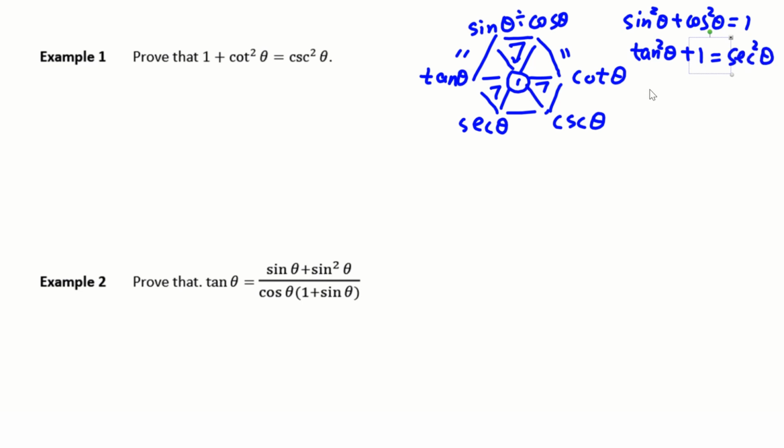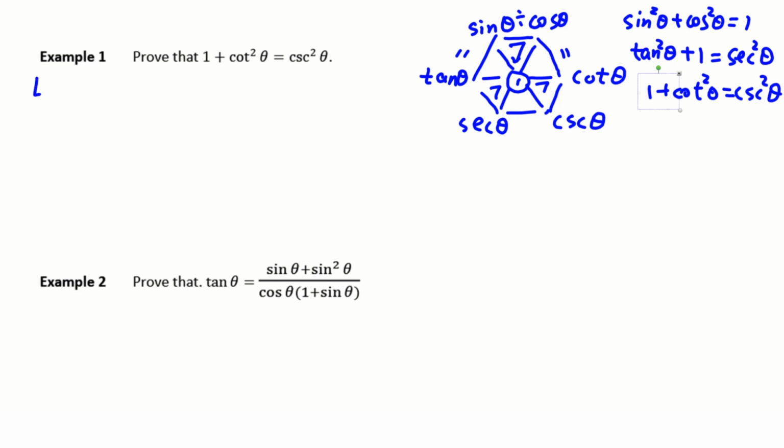And this one, 1 plus cotangent squared theta equals cosecant squared theta. And this question asks you to prove the last one, so we are going to try to use sine and cosine to prove it.